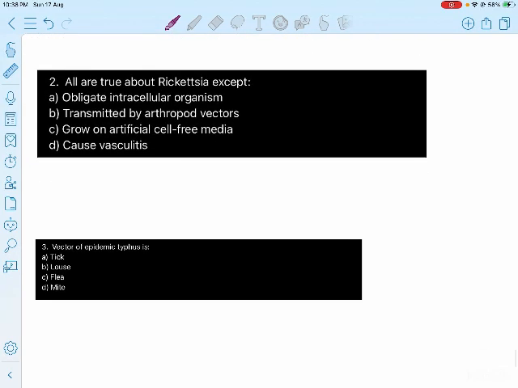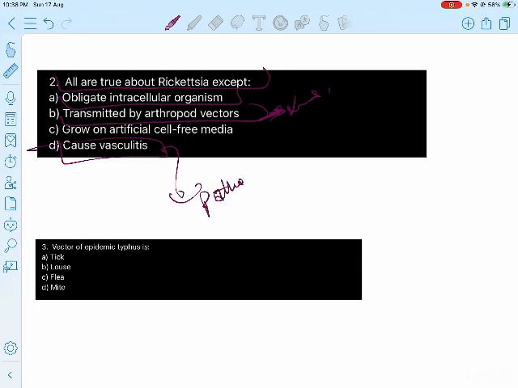Now, all are true about Rickettsia except? We know that Rickettsia are obligate intracellular organisms. They are transmitted by arthropod vectors. We saw various vectors there, louse and tick and mite, all those are arthropod vectors. And vasculitis is caused by rickettsial organisms. They are pathognomonic.